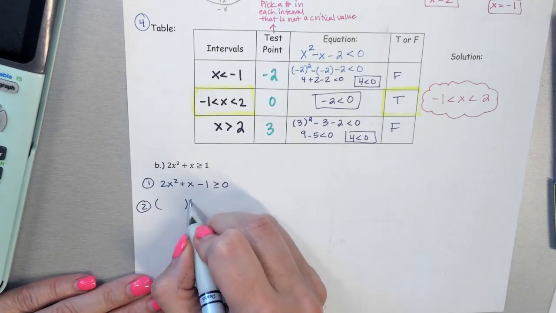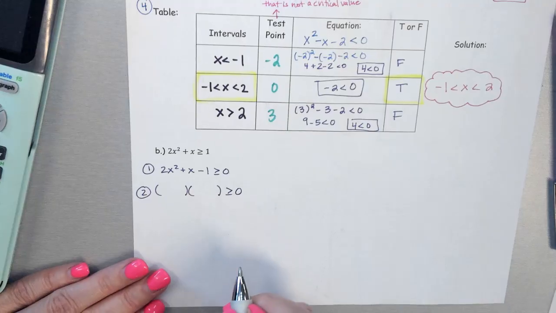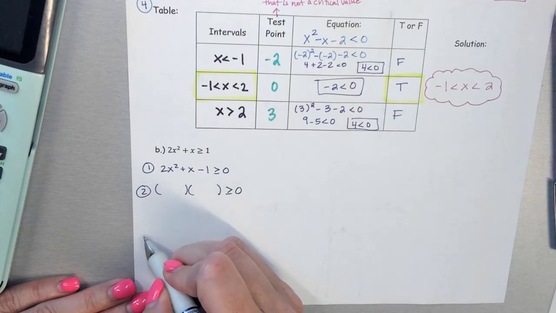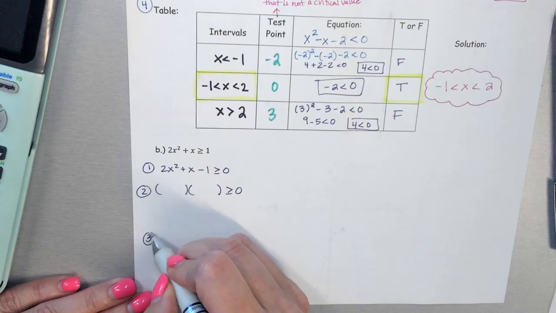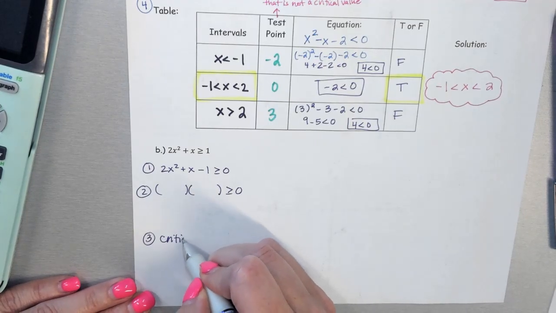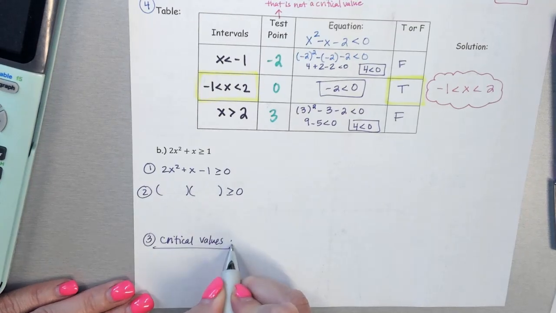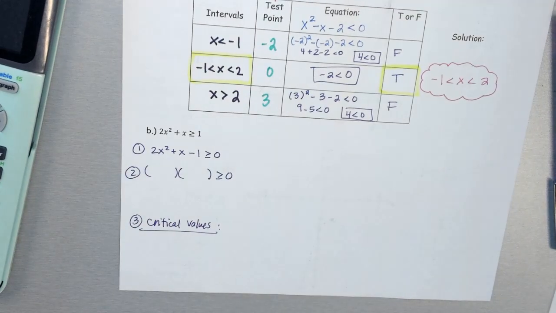And then you guys are going to do what you do best, which is factor. So I want you to factor, and then we're going to find those critical values, and then I'm going to help you set up the next step, okay? So I want you to take a moment and factor that. Think about what can you multiply to get to the first.